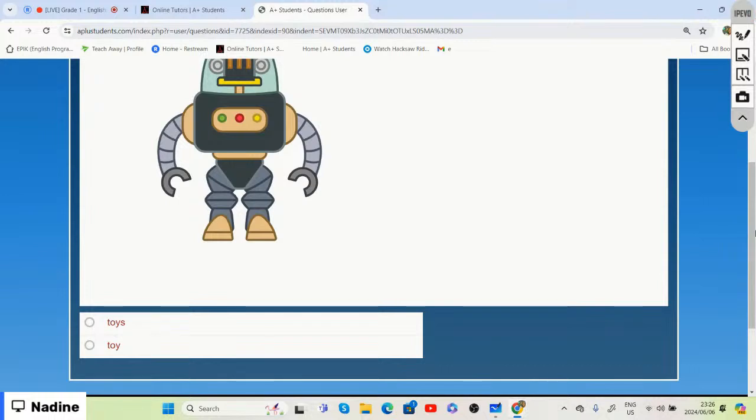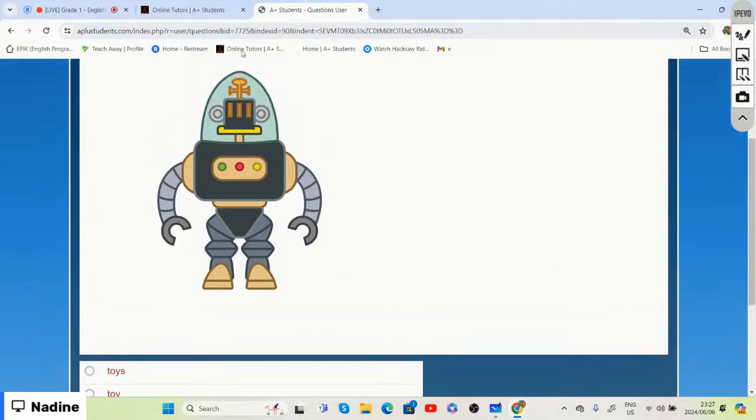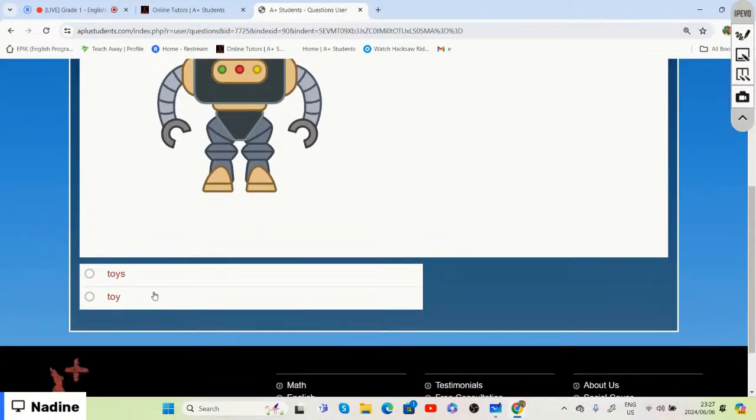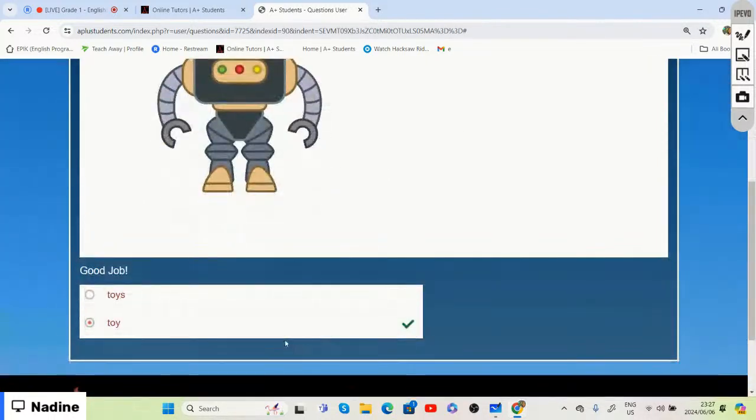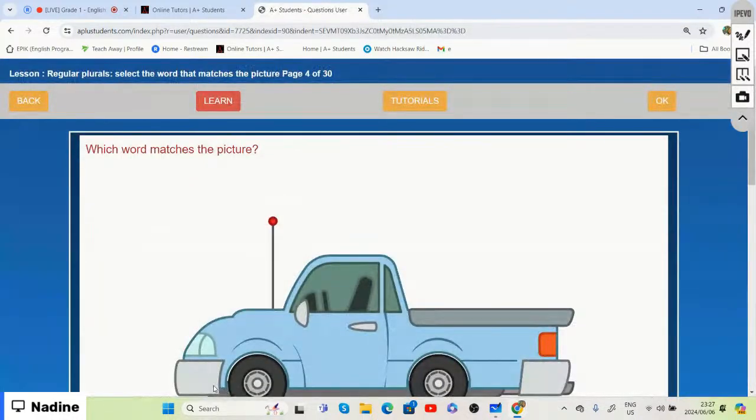Well done. Yes. So we only see one in front of us, right? Which means that we will say it is one toy. Yes, well done. One toy is correct. Unless we see more than one, then we say with an S. But it's only one toy, which is toy, T-O-Y, without the S.